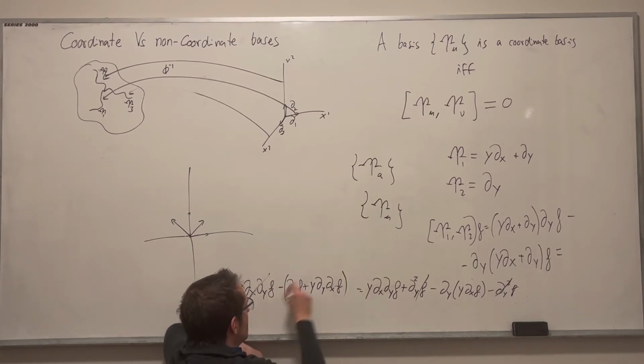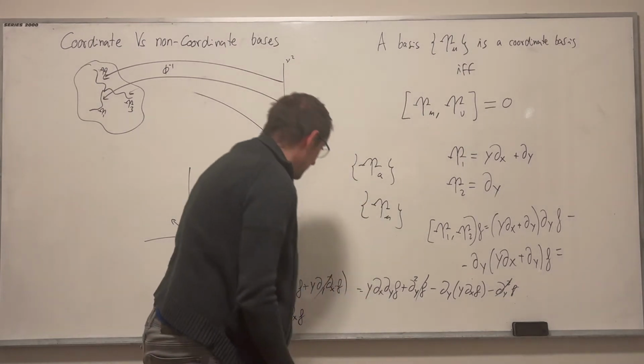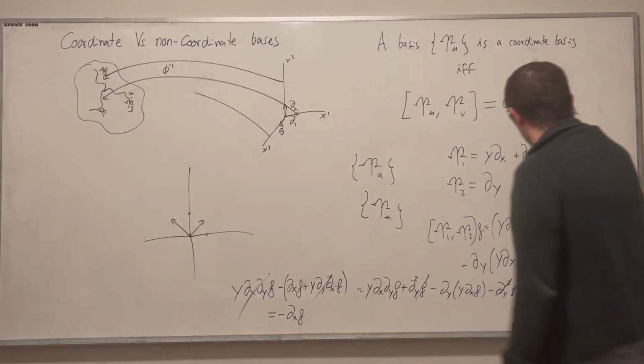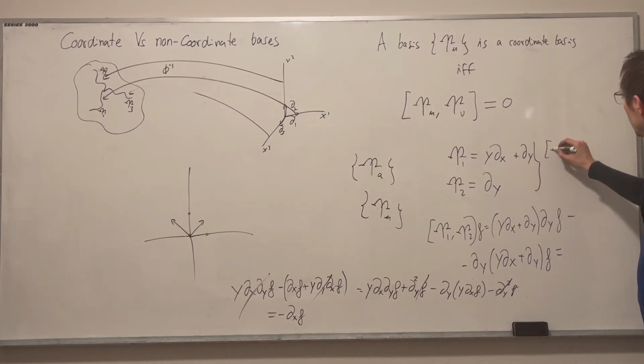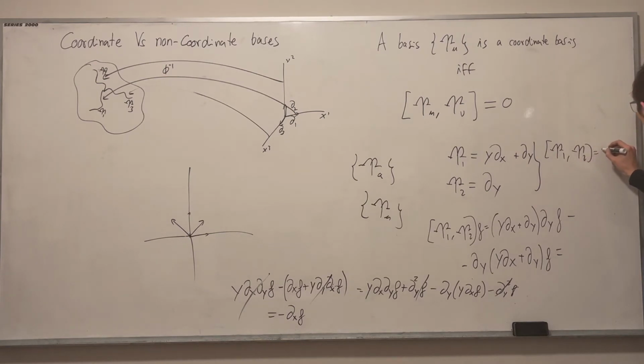And then this one cancels this one, but the total result is minus partial x f. So if you remove the f's, we found that in this case the commutator of epsilon 1 with epsilon 2 is minus partial x, which is different from 0.